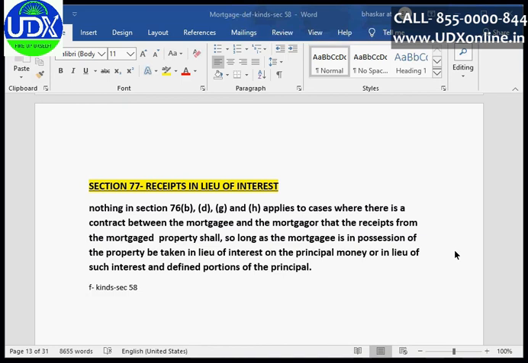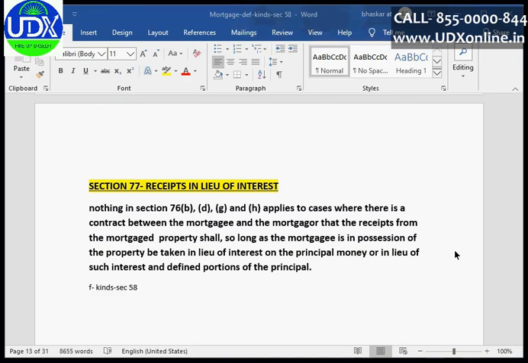Whatever lawful amount is received towards that property, the mortgagee has the right to give a receipt for the same. For example, if one shop owner gives the rent, immediately the mortgagee has to give a receipt for the same.